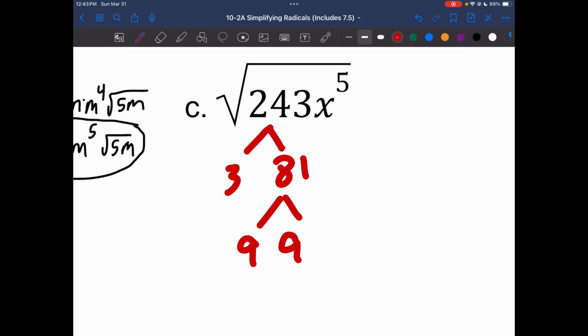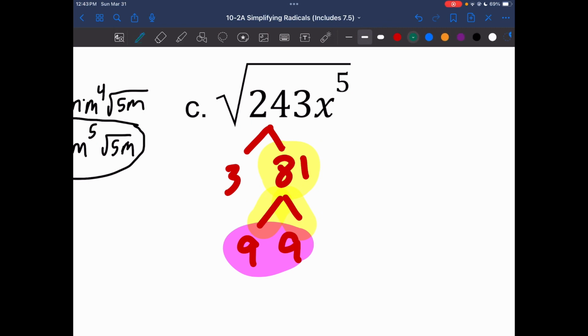I don't need to, though, because I already have a pair of factors right there that I can take the square root of. And as you start practicing this, if you start to see that you have a perfect square right here, you don't necessarily need to take it the next step down to its factors. If you can identify that 81 is your perfect square, you take the square root of 81 and you get 9.